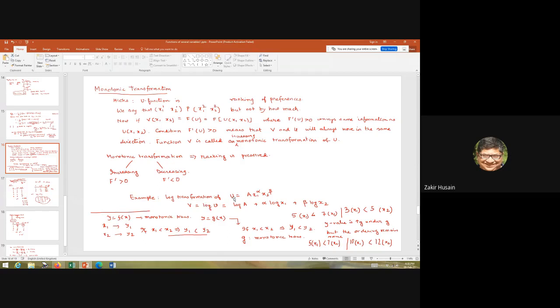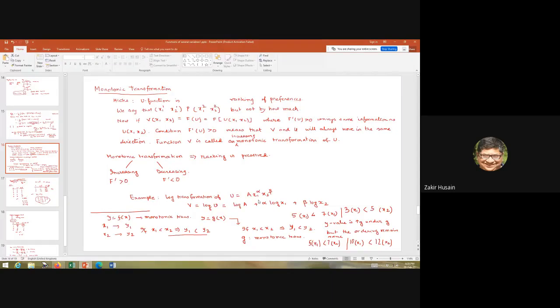V is different from U. But the important thing is that for a particular bundle, or if you want to compare across bundles, U1 greater than U2 implies V1 greater than V2. So the relation between the bundles, which bundle is more preferred, which is less preferred, that remains the same.